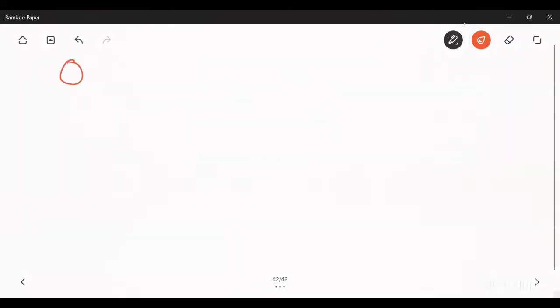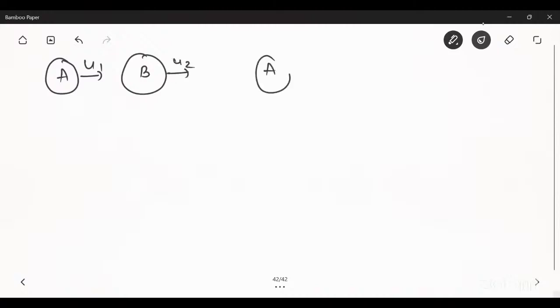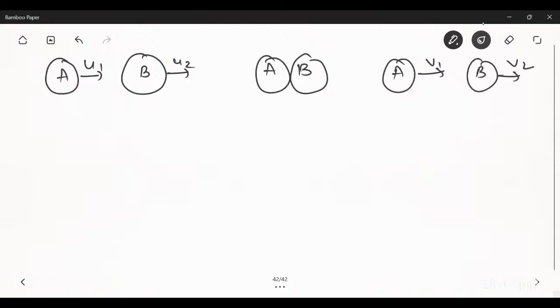Suppose body A has velocity u1 and second body B has velocity u2. After collision, A moves with velocity v1 and B moves with velocity v2. This is before collision, this is during collision, and this is after collision.